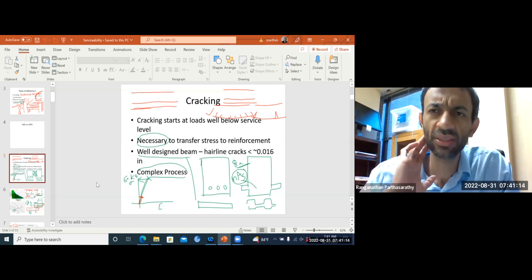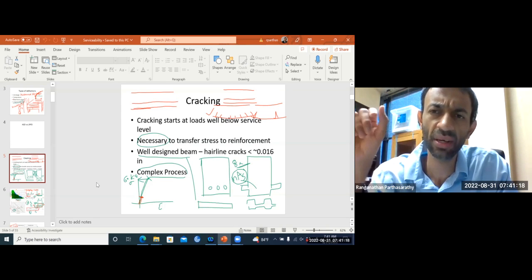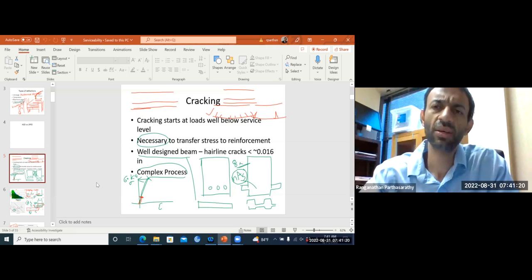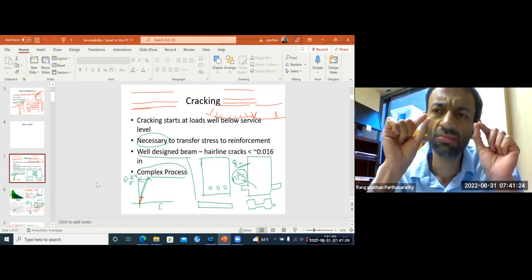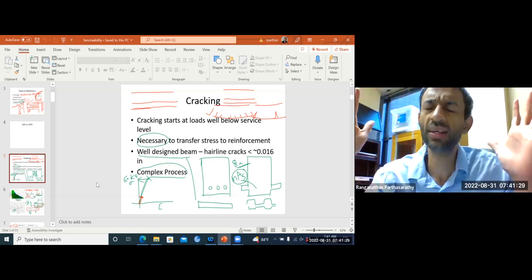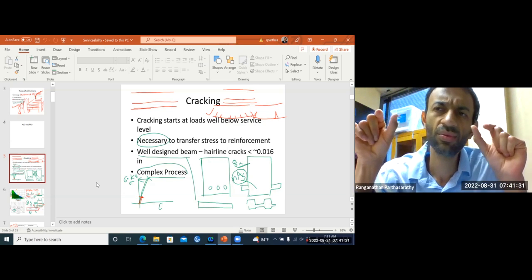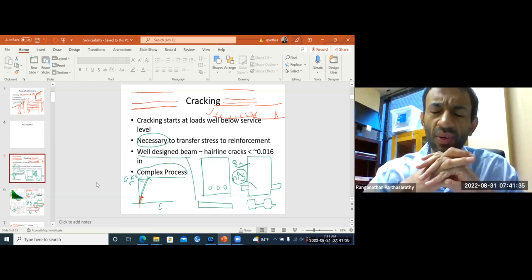Now about cracking, we went over it very briefly. The main points are two: one is the spacing between the rebars, and the other is the clear cover. If you put very few, large rebars spaced widely, then you will have very few cracks, but they will all be big. That's not what we want.